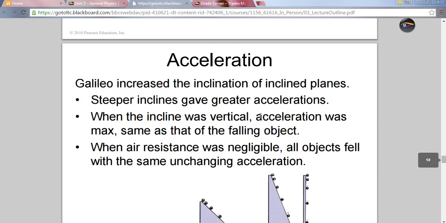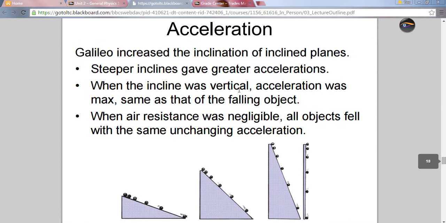Looking here at acceleration again, Galileo started to increase the inclines on those planes. He noticed that the steeper the incline, the greater the acceleration. And as he got closer and closer to straight up and down, which is what we consider a free fall, just dropping things on their own, we would notice the greatest acceleration on the right here, as a free fall, a vertical incline.